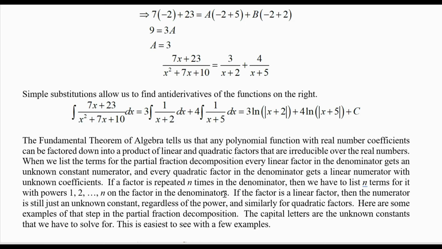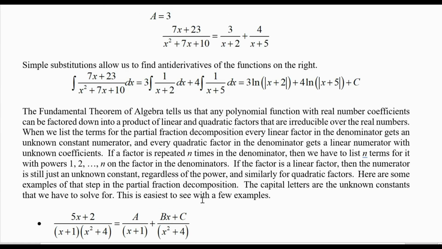And here are some examples of that step in the partial fraction decomposition. Capital letters are the unknown constants that we have to solve for. It's really easiest to see this with a few examples, so let's look at it. So here, the denominator can't be factored anymore. It's got a prime or irreducible linear factor, x + 1, and a prime quadratic factor, x² + 4.